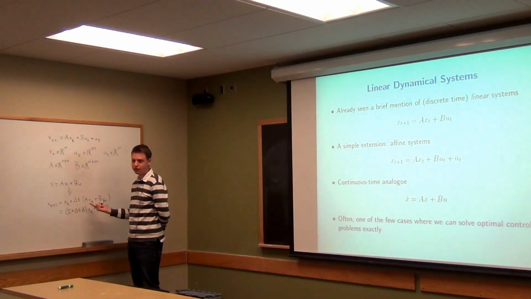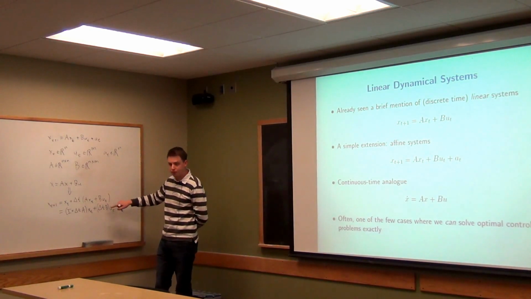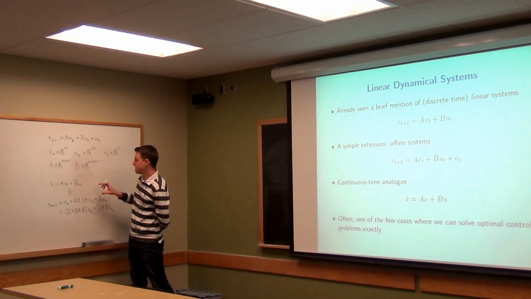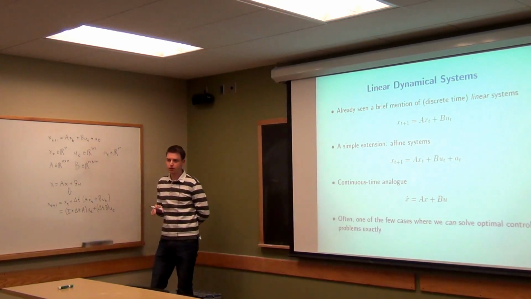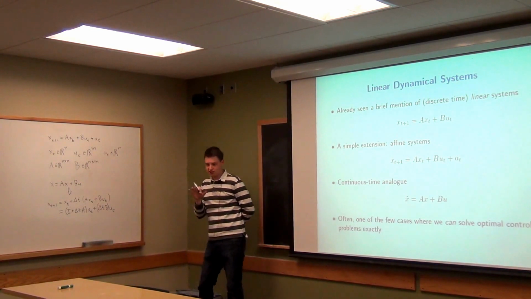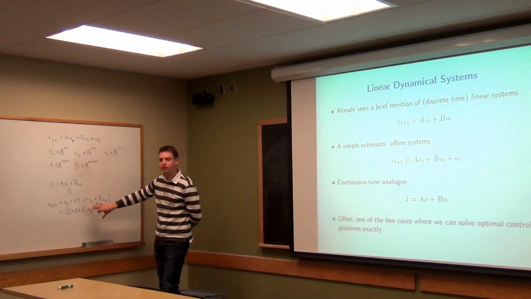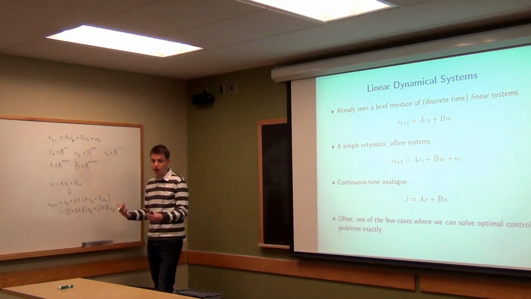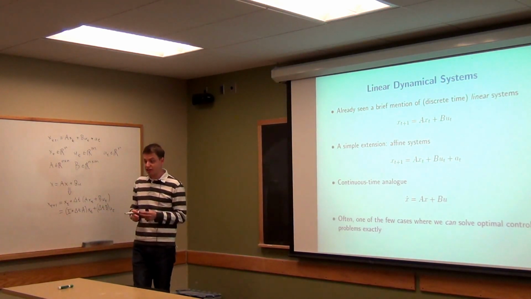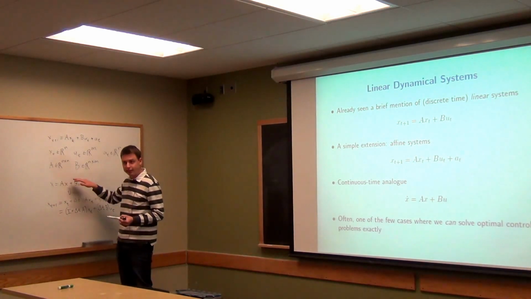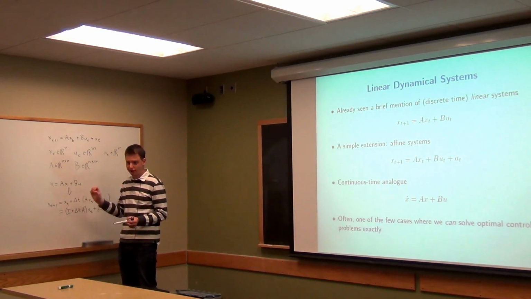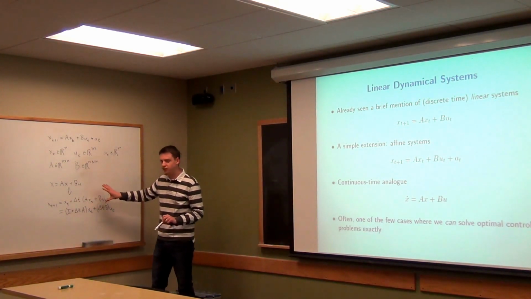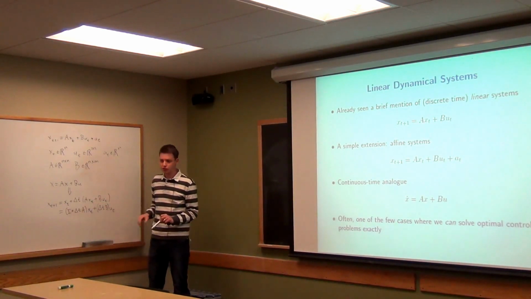That's like the A in discrete time, and delta t B is like the B in discrete time. That's a very simple way of doing this, and it's not quite precise. There are ways of doing this exactly, because Euler integration is an approximation. For linear systems, it is possible to solve these integrals exactly, to see exactly how the state would evolve. But this is a first order approximation, which gives at least some intuition about what this is doing.